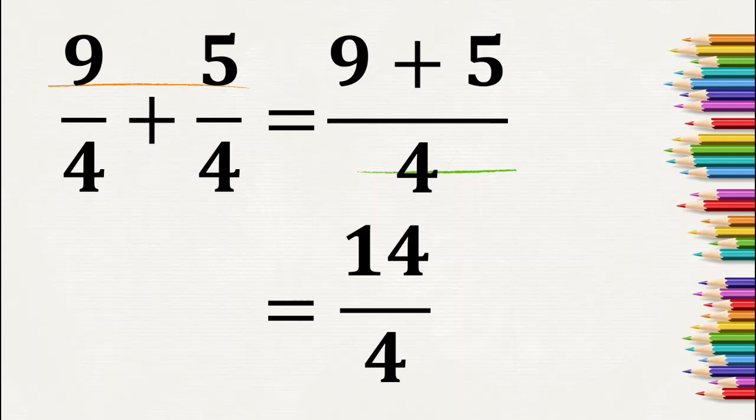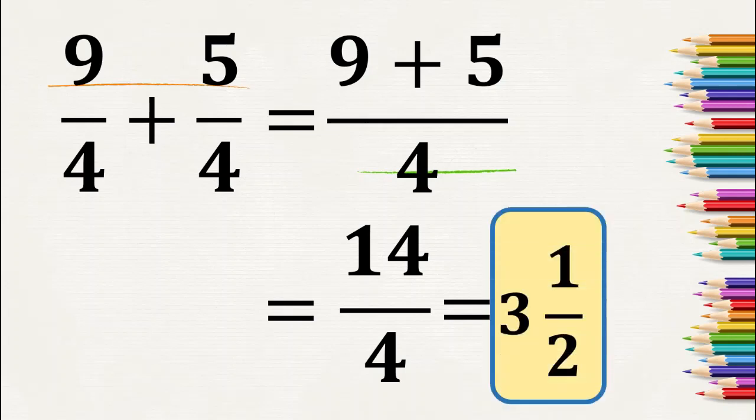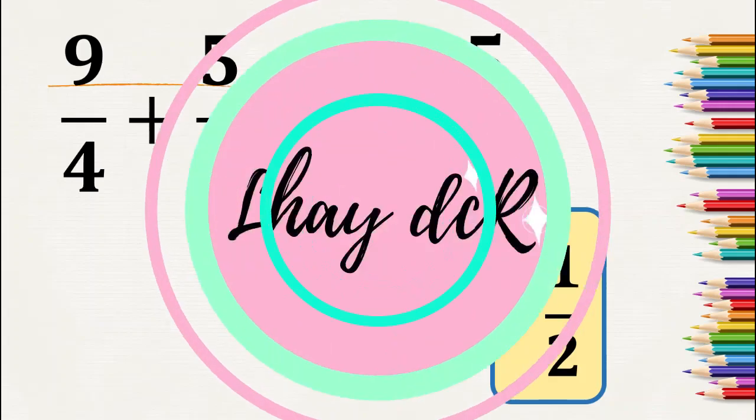So we have 14 divided by 2 is 7, 4 divided by 2 is 2. Or we have 7/2. 7/2 can be written or simplified as 3 and 1/2.